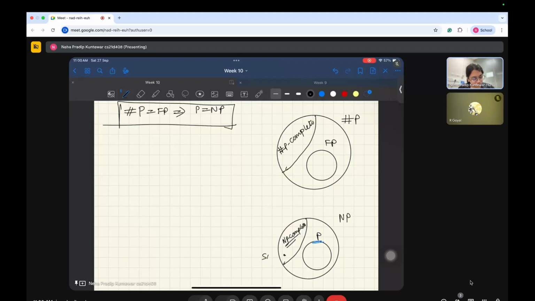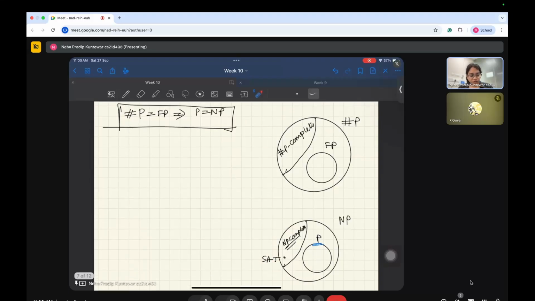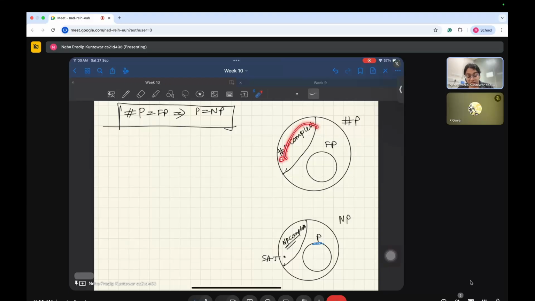Now that I know SAT is hard, I'll just try to design algorithms for SAT. If I get a polynomial time algorithm for SAT, I would have proved that NP is equal to P. Similarly, one problem can be the hardest in #P, so that if I can develop an FP algorithm for it, then #P is equal to FP, and therefore P is equal to NP. It turns out that #SAT is a #P complete problem.